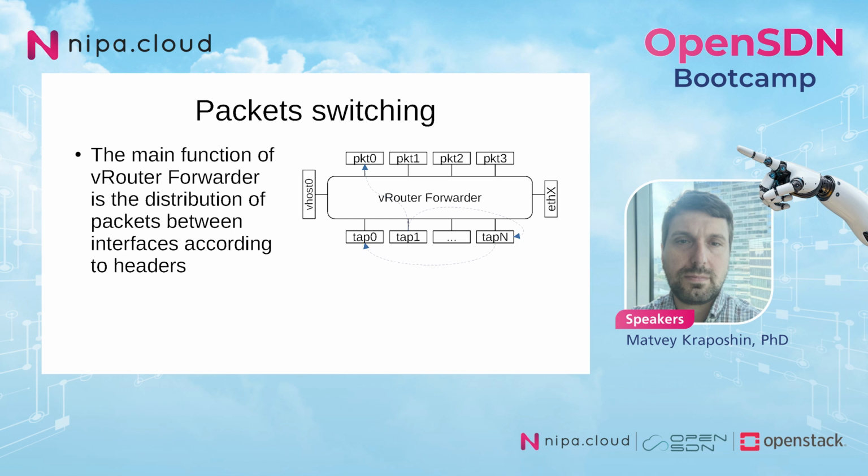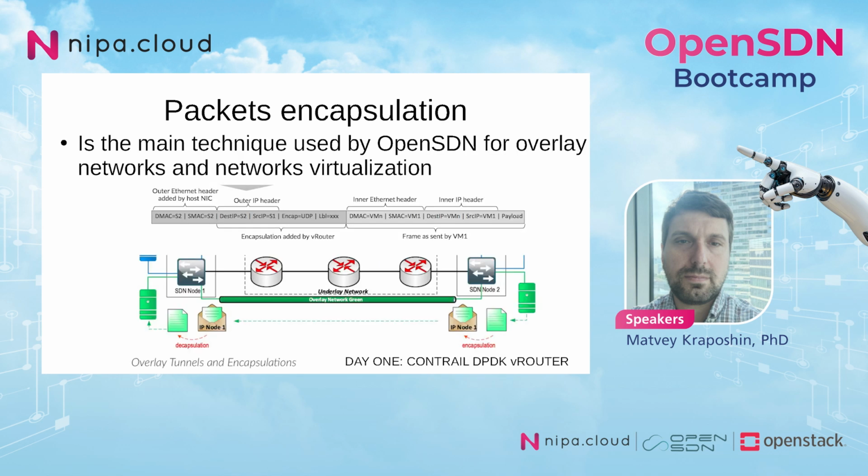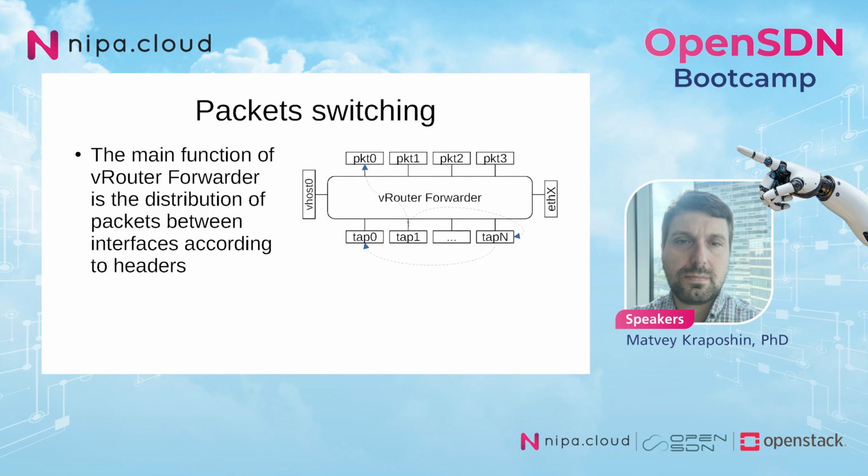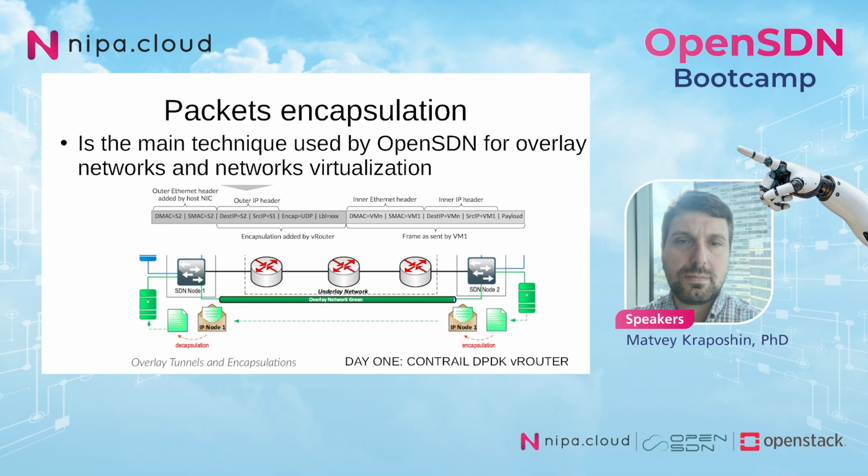So switching happens between interfaces. Encapsulation and decapsulation. If a packet arrives from an external interface, which is denoted as ETHX, then this packet might be encapsulated, and we want to decapsulate it.